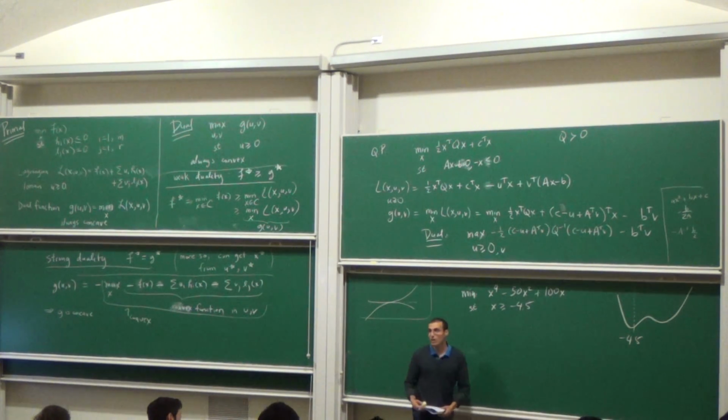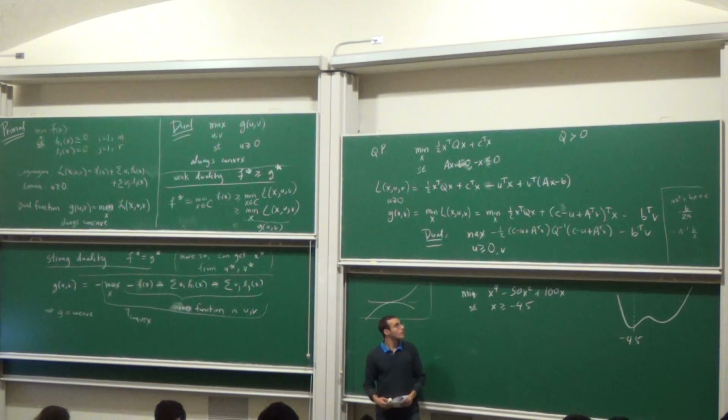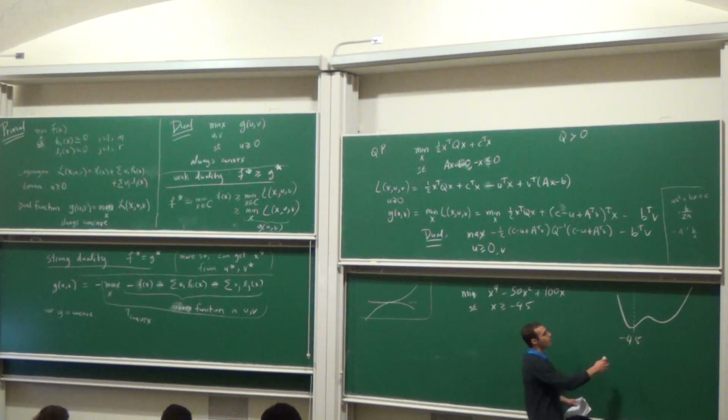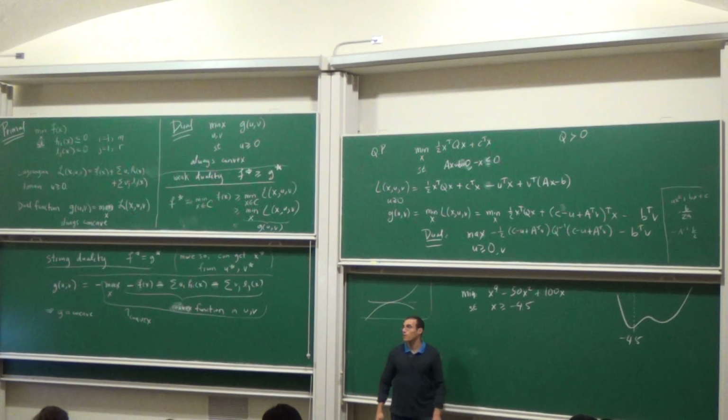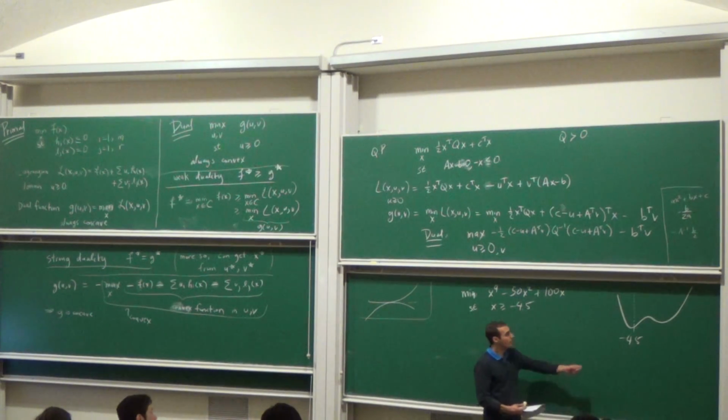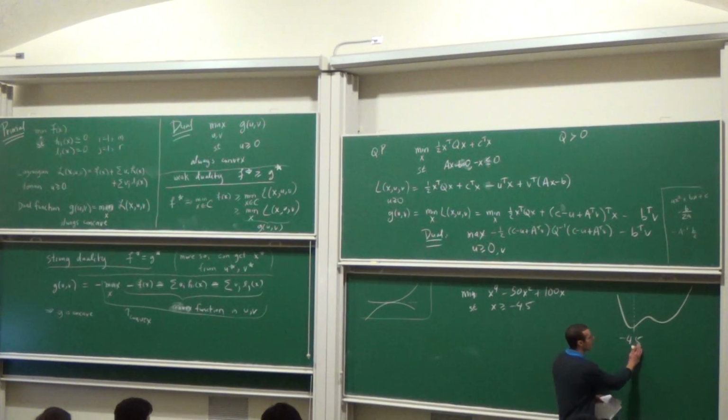So I've chosen a non-convex optimization problem. We're trying to minimize this function over this constraint set. The minimizer is going to occur at x equals minus 4.5.